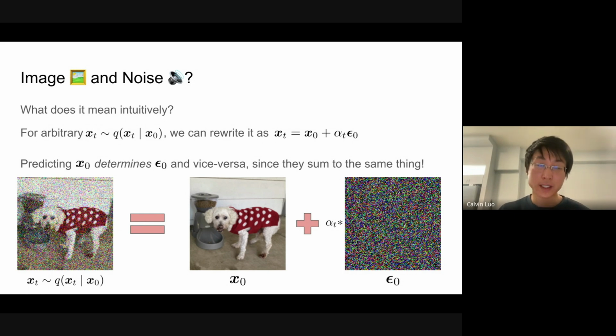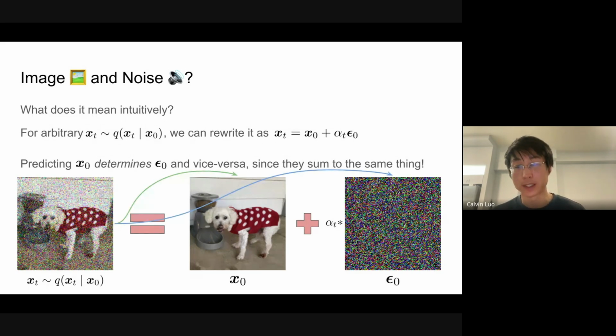Well, from xt, our first formulation was trying to predict x0, but because xt was generated as a sum of x0 and some epsilon 0, when you make a prediction of x0, you are implicitly making a prediction on epsilon 0, because alpha t is just a constant, and x0 and epsilon 0 are the two unknowns. And so it is actually equivalent to trying to make a prediction on epsilon 0, because that makes an implicit prediction on x0.